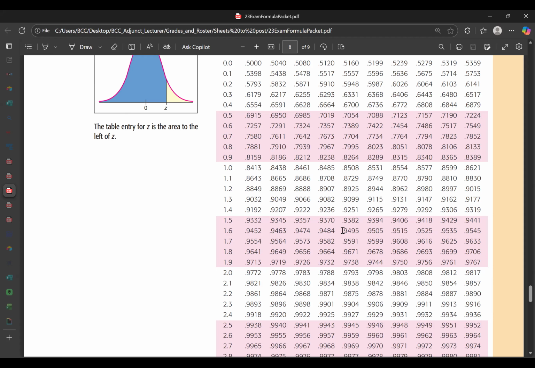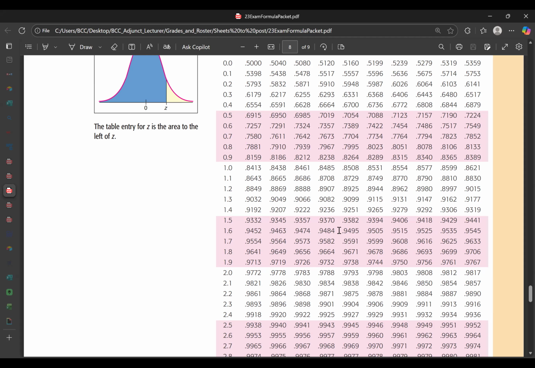Let's pretend this is another z. I'm looking in the middle here for 0.9500. How would I know that it's here? Because of the decimal. So let me show you where it is.